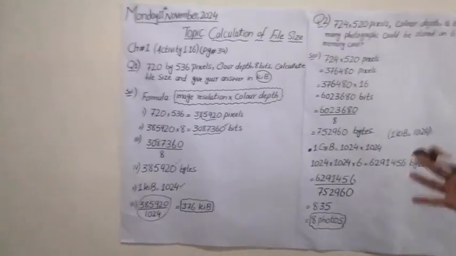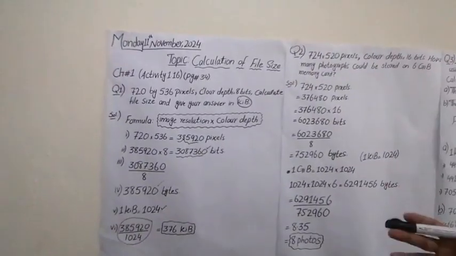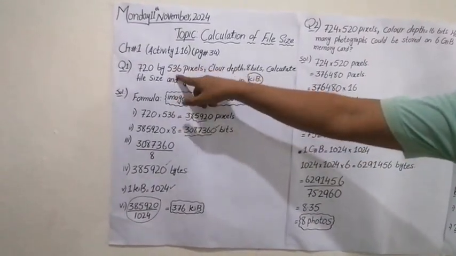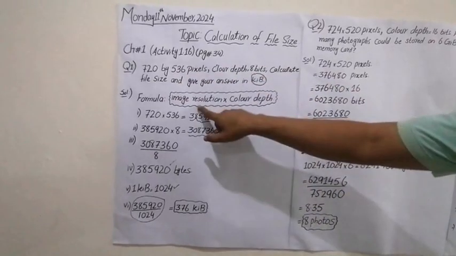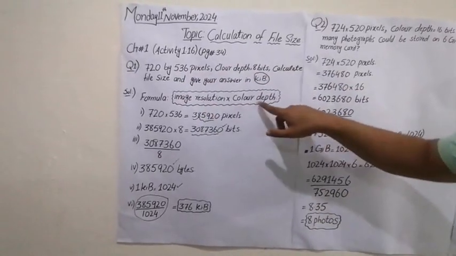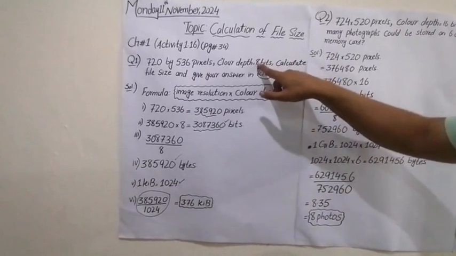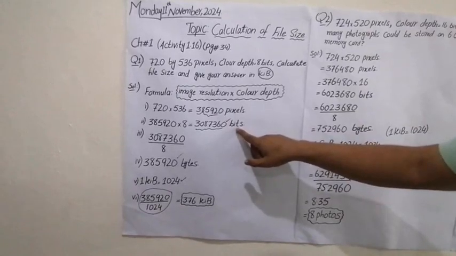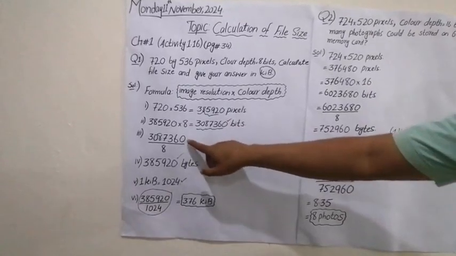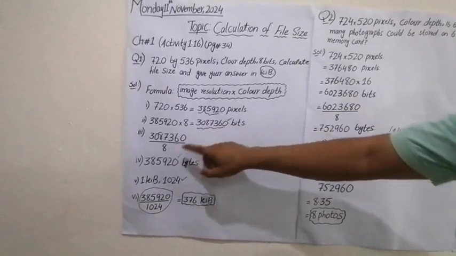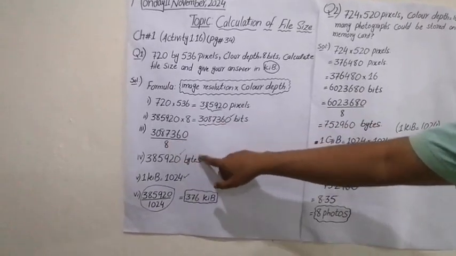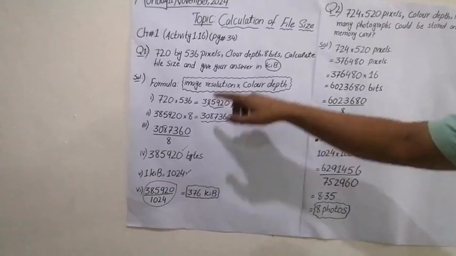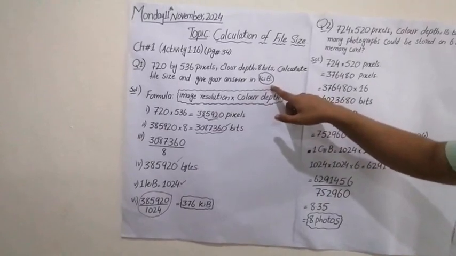So in the question, the examiner wants you to take the values of pixels, the array values, and according to the formula, multiply it with the color depth, that is 8 bits. We have done that. We got the value in bits. Then we divided that value of bits by 8 because we want to convert it into bytes. And after that, we have to show our final answer in kibibyte.